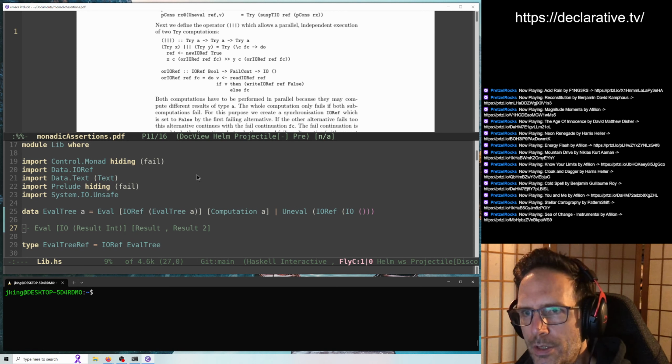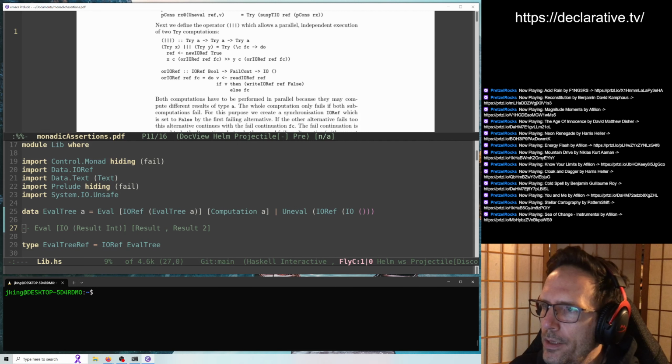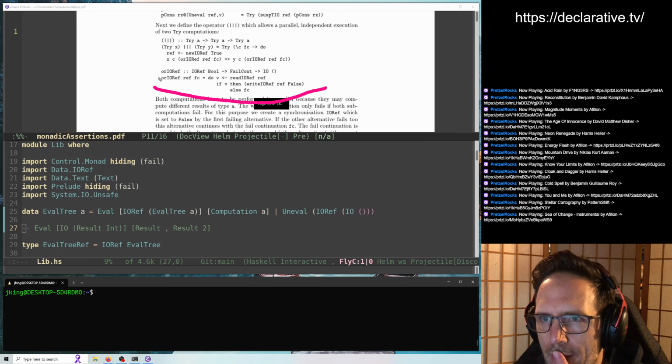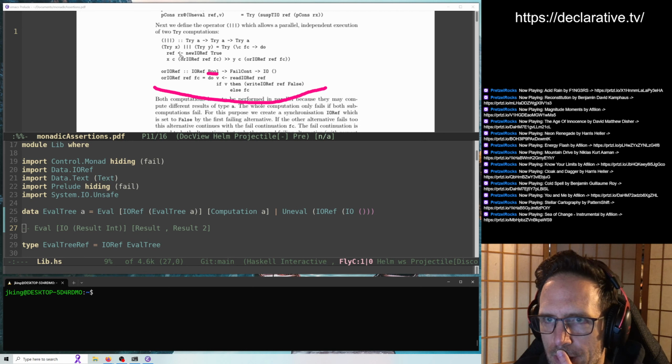This or-IORef function. I'm going to look for some more clues here that this might have been the intent. So or-IORef takes an IORef of bool and a fail continuation in IO. So when constructing a try here, we're giving this continuation. And while we're in an IO context, we can read the ref. Where's this from? That's just true.